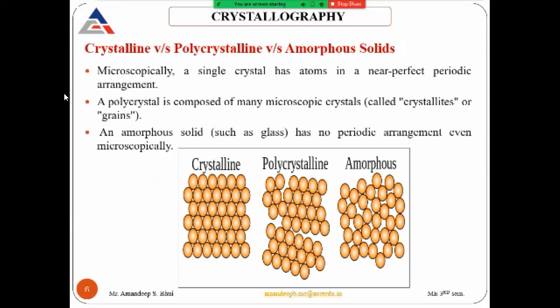Now, what is the difference between crystalline, polycrystalline, and amorphous solids? Okay. Now, in crystalline solids, you can see here the diagram at the bottom. You have three diagrams here: crystalline solid, polycrystalline solids, and the amorphous solids. In the crystalline solids, the grain or the order of the element or the crystal is perfectly arranged, and this arrangement extends even to infinite length.